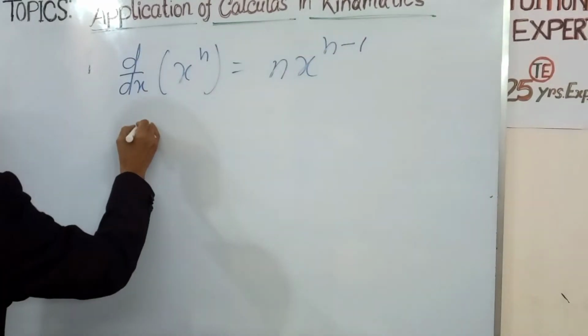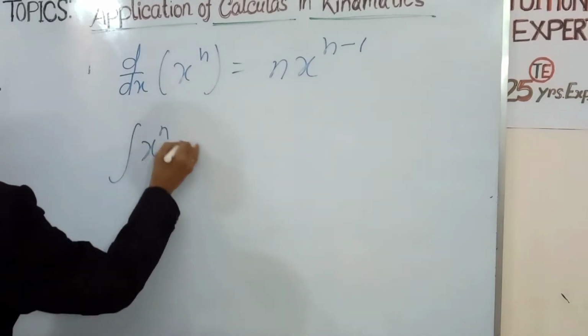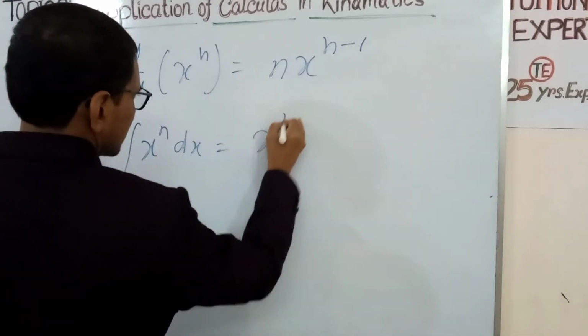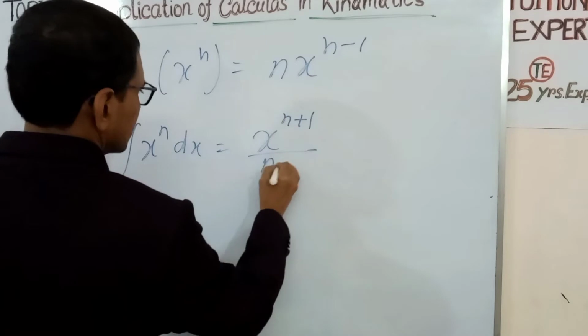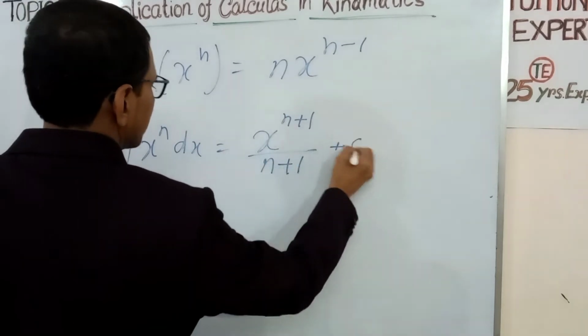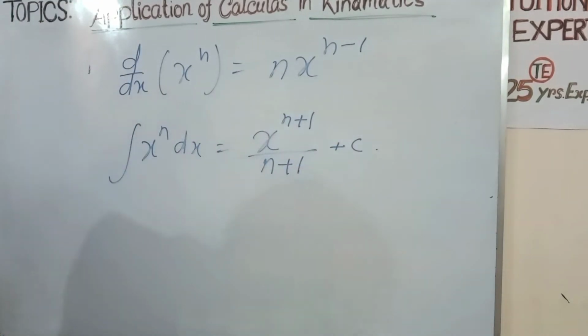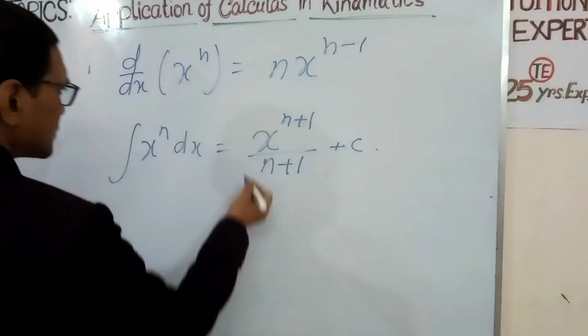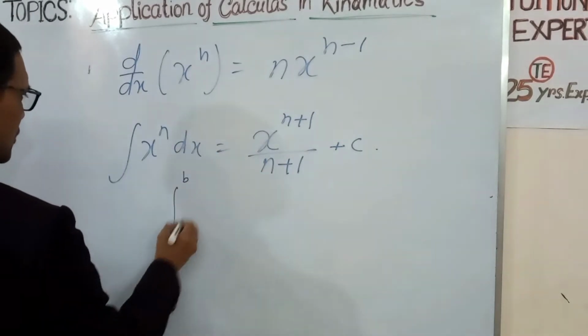This is the derivative formula, and the integral formula has plus c. If you want to use it with limits, this is the upper limit, this is the lower limit.